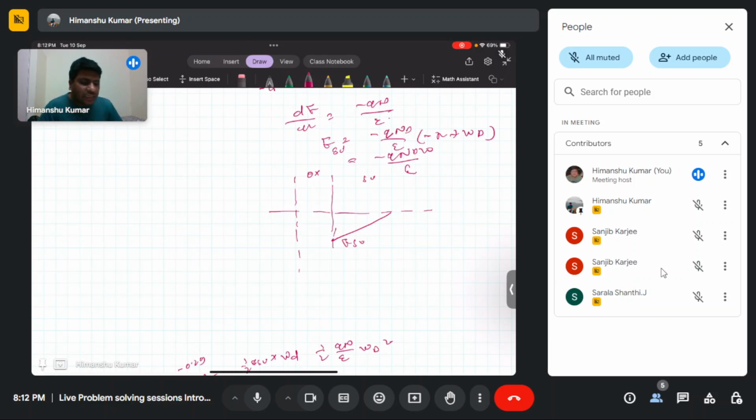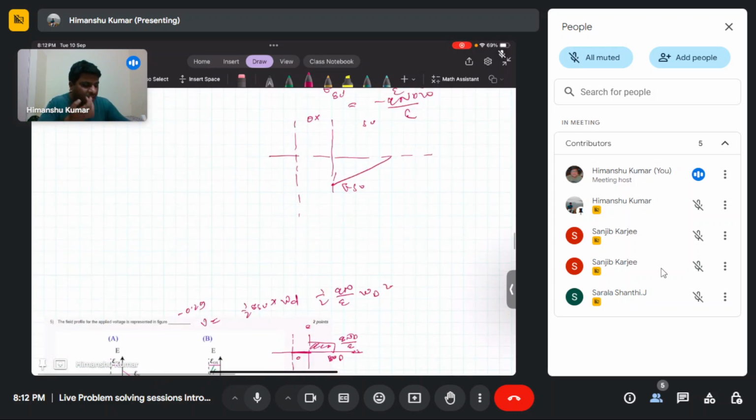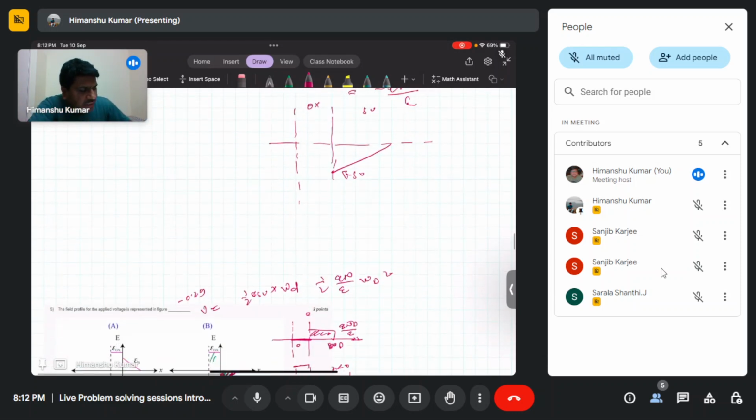You need to apply the electrostatic boundary condition here: D1 minus D2 equals rho S. Because we are assuming an ideal MOS capacitor, the interface trap charge will be 0, so we can write D1 equals D2. D1 is the electric displacement, equal to epsilon of oxide times E ox equals epsilon of silicon times E silicon.